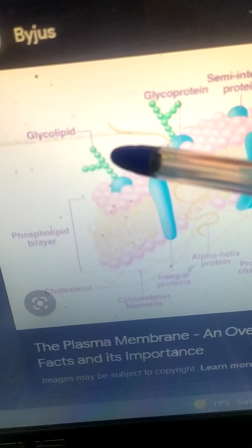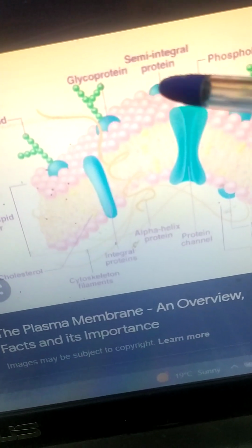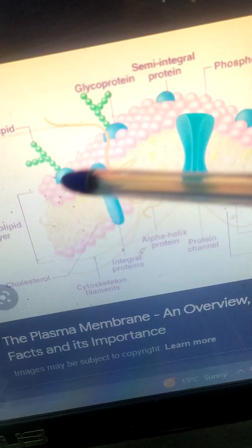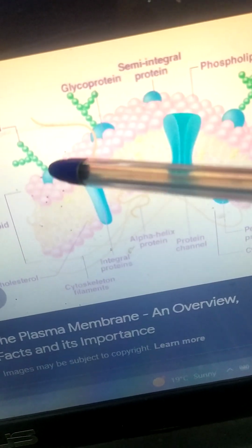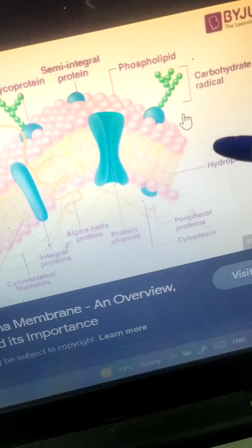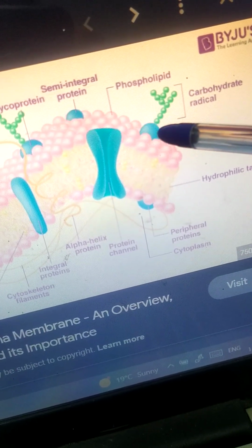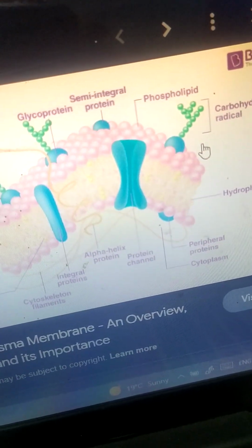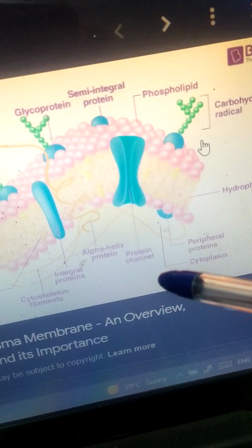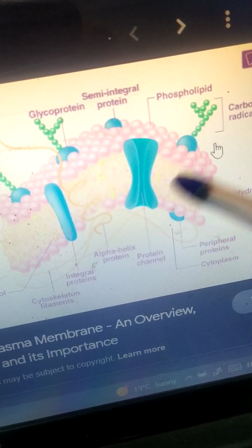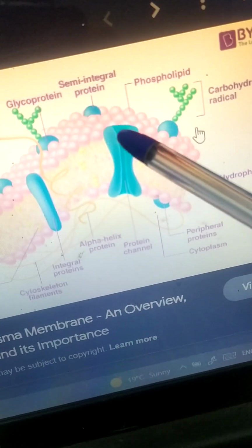This is your glycolipids, glycoproteins, semi-integral proteins which are present on the outer surface of plasma membrane. This is your carbohydrate radicals attached to which protein? Attached to the peripheral proteins.